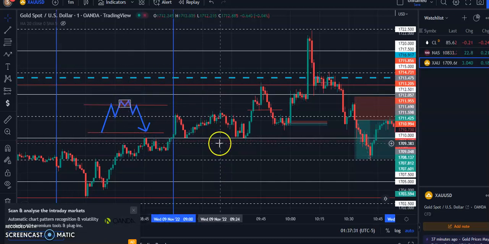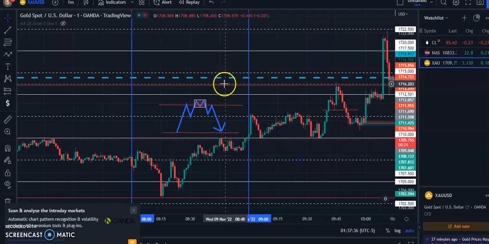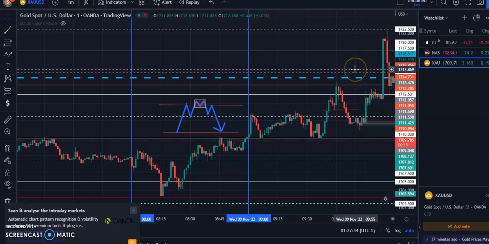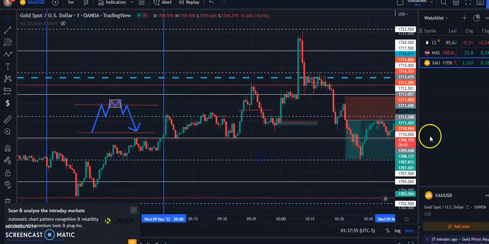Another giveaway was that this is the high of the day and this is the high of the week. Automatically, there must have been liquidity at the high of the week. I don't know how I did not see that, but trading is a process and every trade is unique. So, that was the trade for gold.